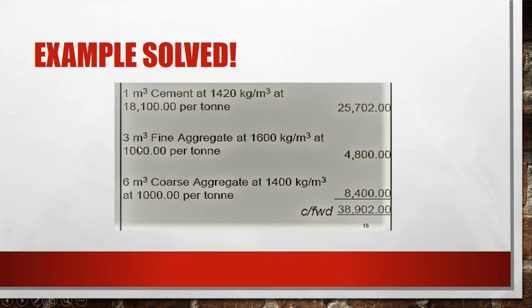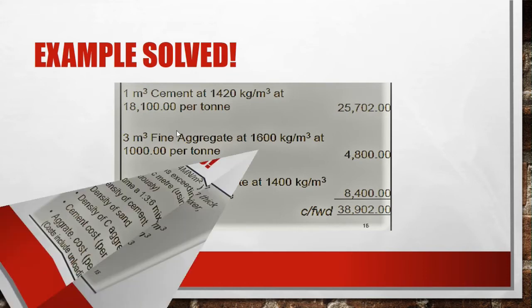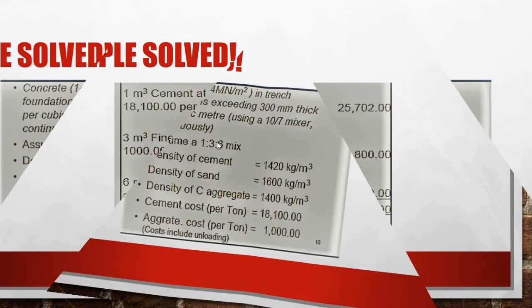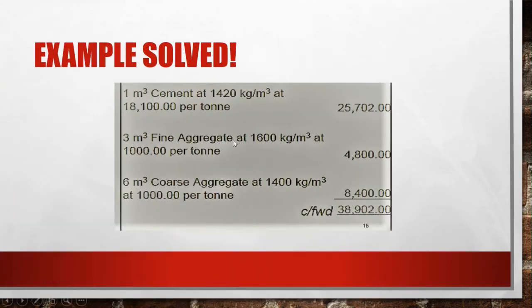We move to the next, which is the volume of fine aggregates in the ratio, given as 3 meters cube. The density of fine aggregate is 1600 kilogram per meter cube, so we have 1600 kilogram in 1 meter cube.